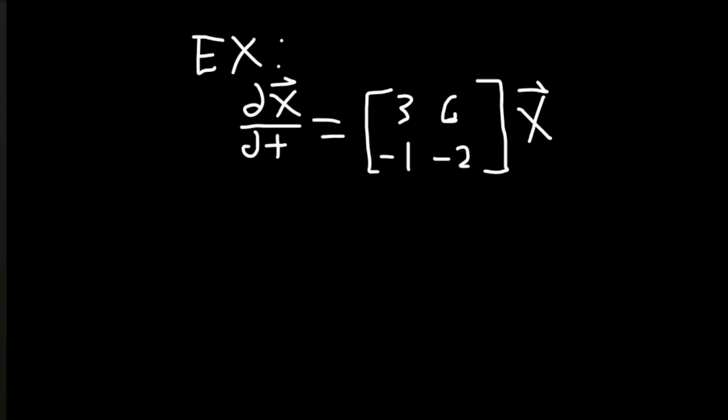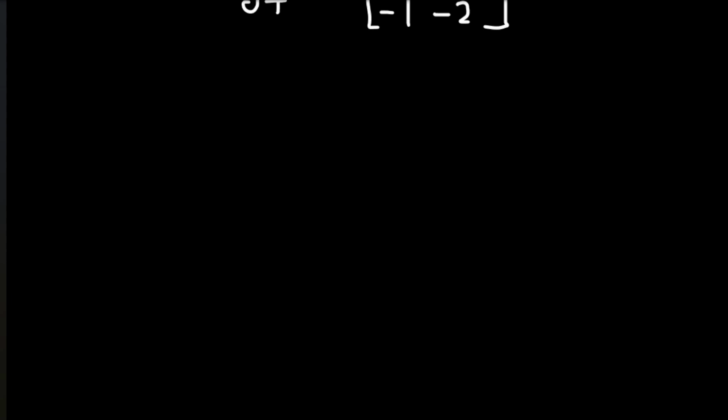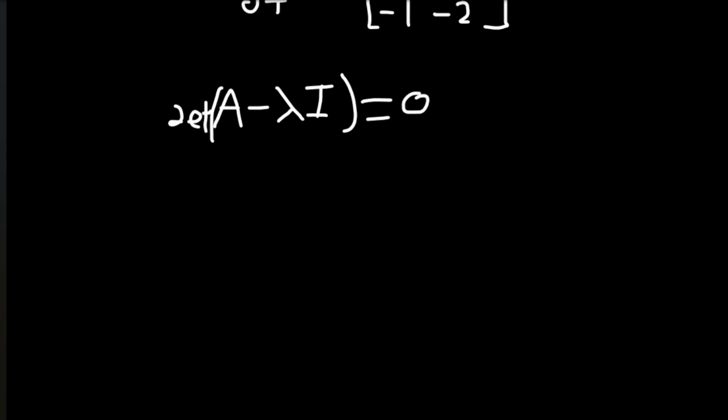Okay, so the first thing we want to do is find our eigenvalues. And we go about it by doing the formula we used before, which is A minus lambda I. We're going to find the determinant of this and set that equal to 0 so we can find our eigenvalues.